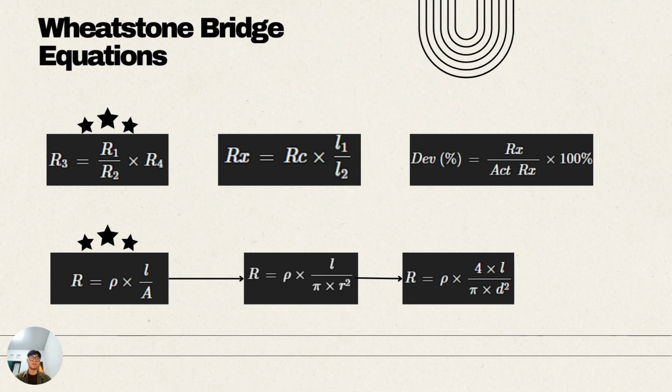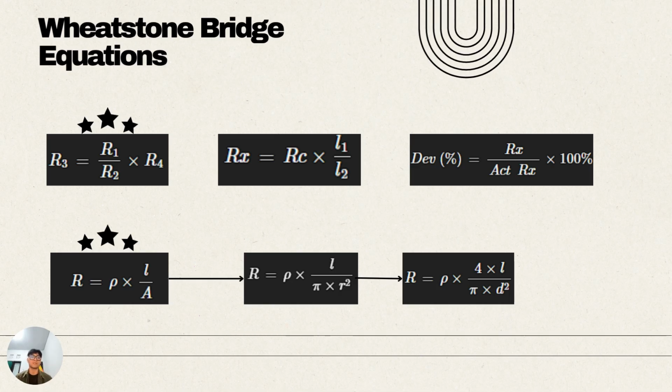Resistance R equals rho times L divided by pi times r squared. Or we can use this: R equals rho times 4 times L divided by pi times d squared. D is diameter and r is radius.